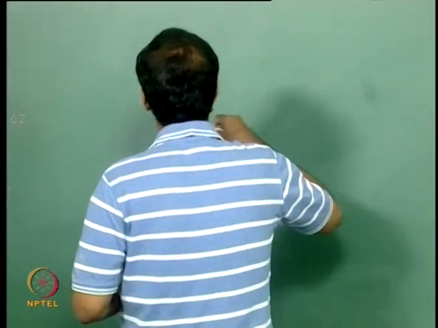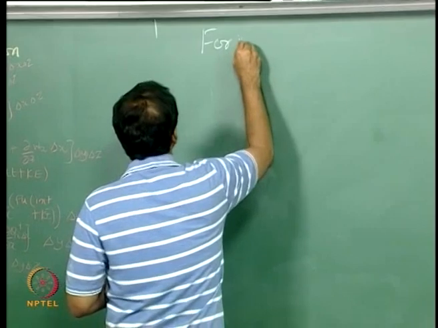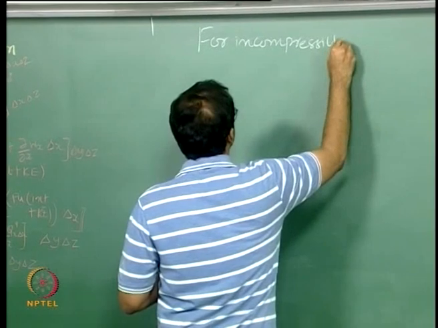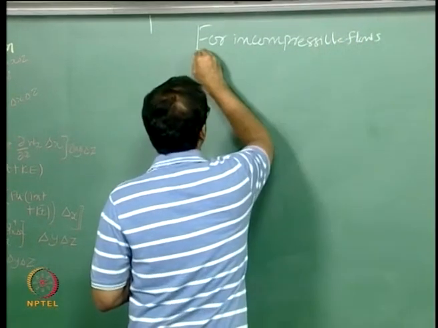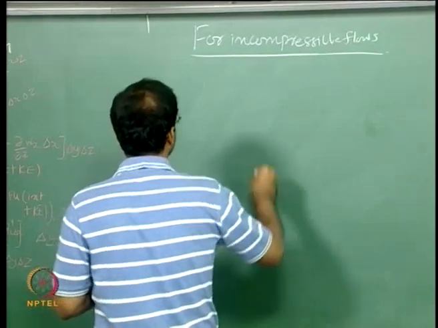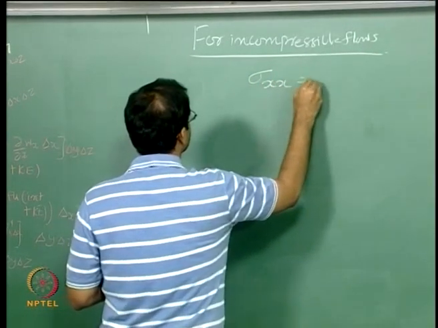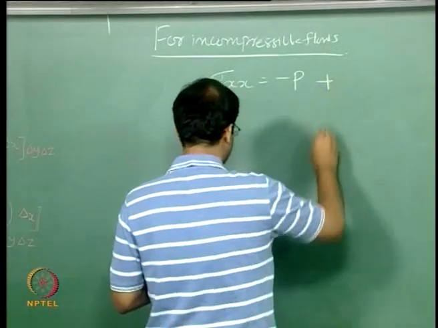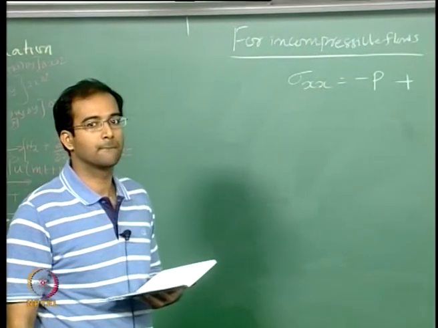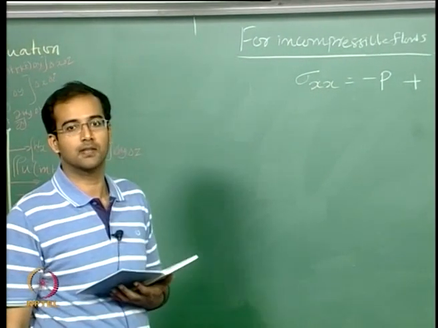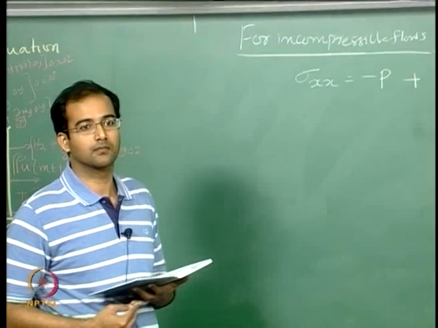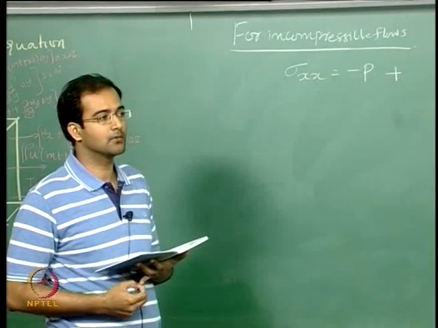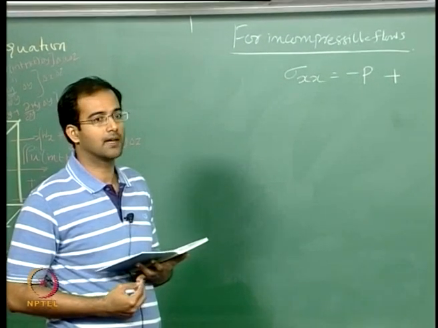So for incompressible flows, can you tell me, for example, sigma xx should become minus p, which is your pressure force, plus, after the Stokes approximation, minus 2 by 3 mu into divergence of u.